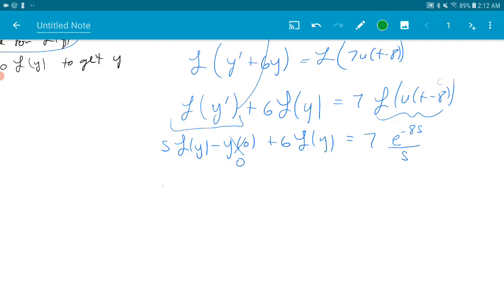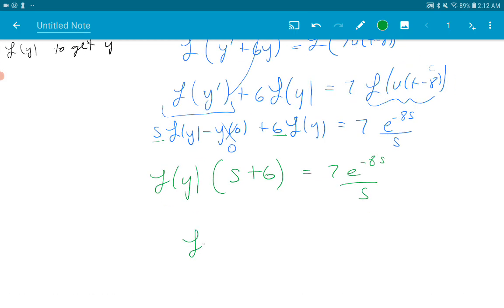I can just factor out an L of y times s plus 6, equals 7 e to the negative 8s over s. We're almost there. Actually, let me write it a little differently and leave that 7 on top. L of y is e to the negative 8s times 7 over s times s plus 6.